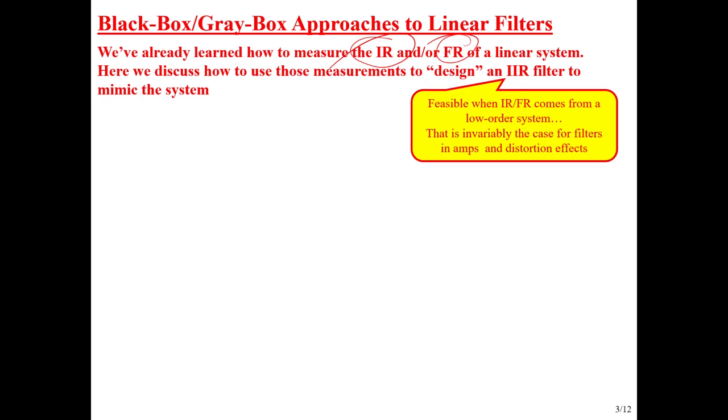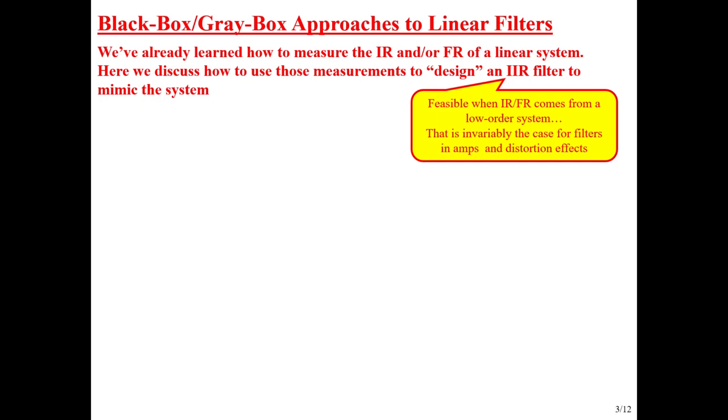But there might be some residual minor nonlinearities, so the exponentially swept sinusoid might be a better idea. If you're not sure what I'm talking about, go back to the note set on that in Unit 1. So we've measured that. We have the impulse response. That's what we're going to focus on, because that's the easiest, most direct thing to measure.